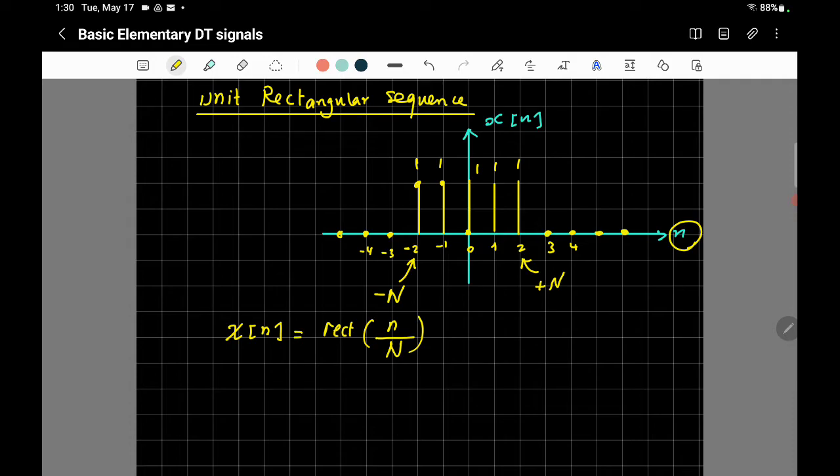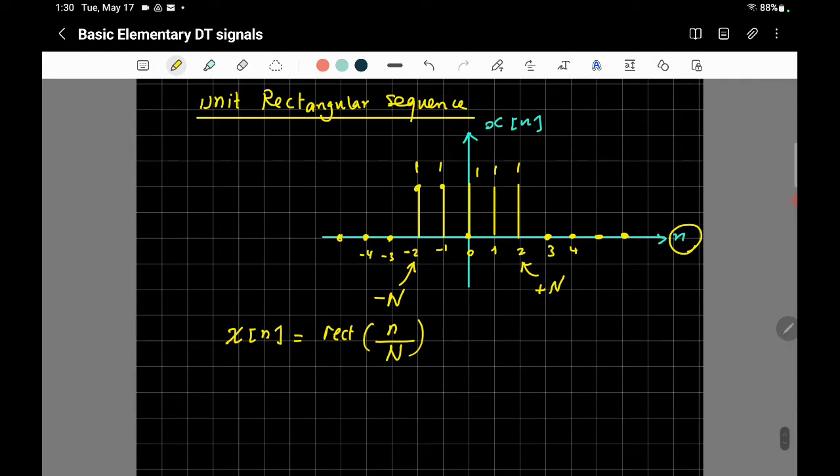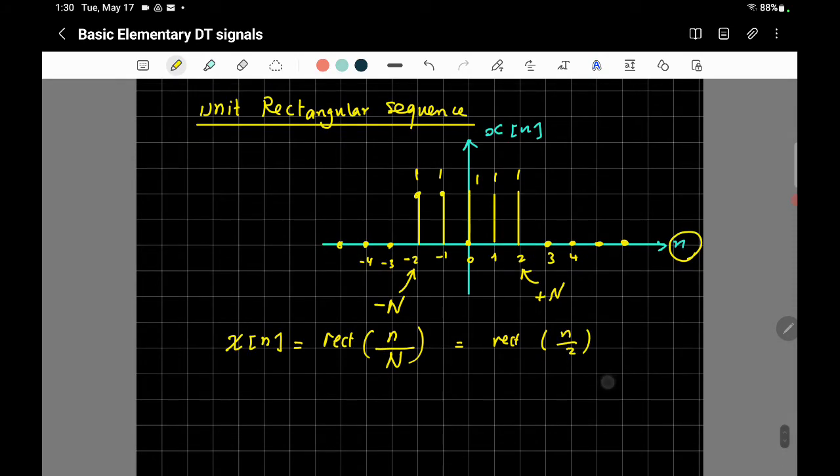So the width of this one, you have to be careful about the notation I'm going to use. N here represents 2. So in this example, you can write it as a rectangle n over 2. Remember, how many pulses do you have?